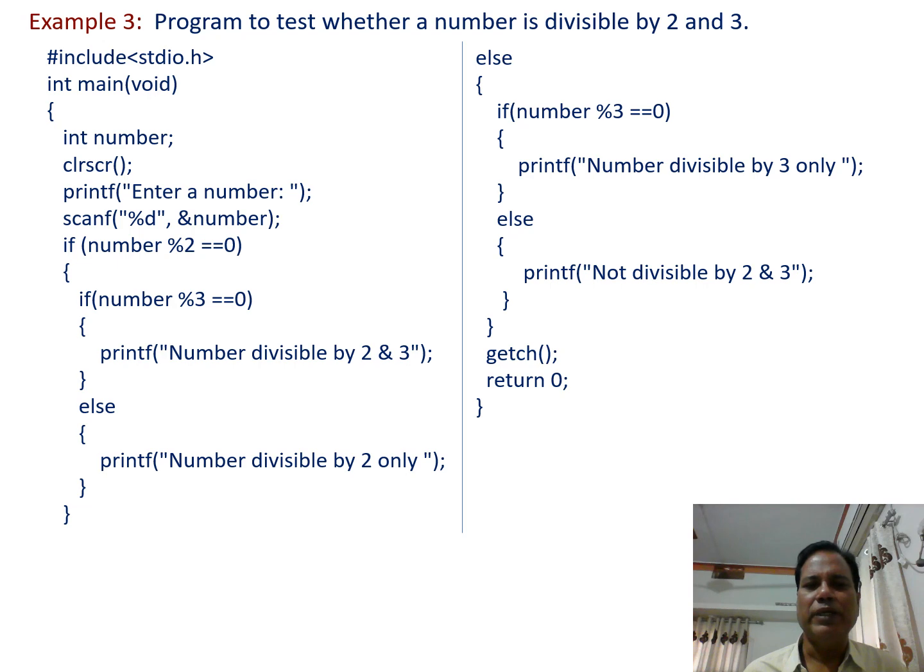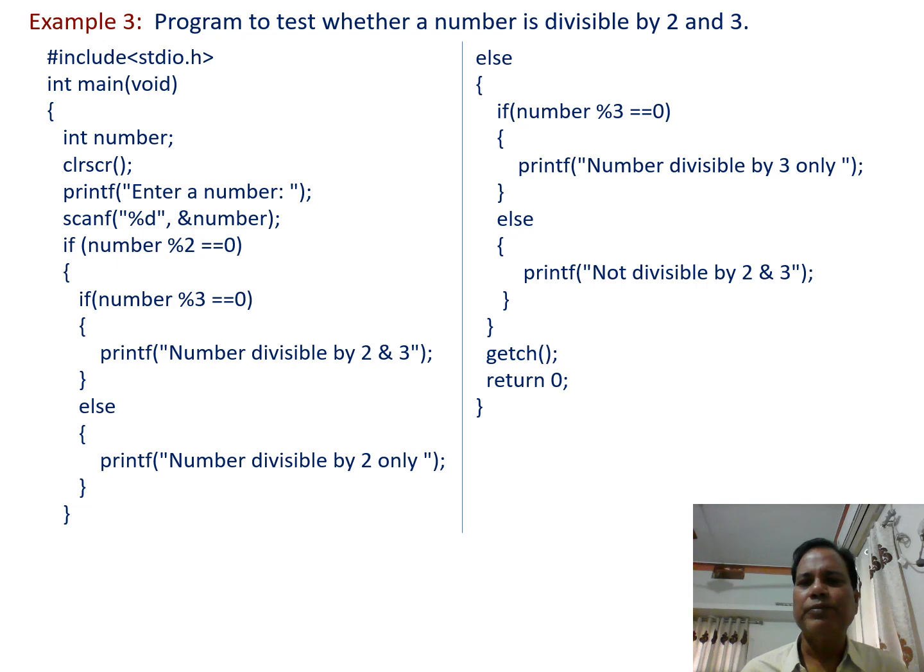So here we print the message number is divisible by 2 and 3. If it is not divisible by 3, that is, this condition is false, then we display the message number is divisible by 2 only. And if initially number % 2 == 0 is false, it means that the number is not divisible by 2, so we move to the else part.